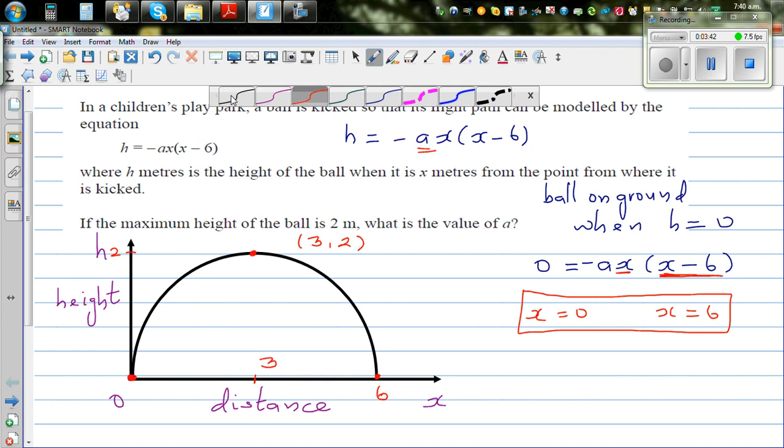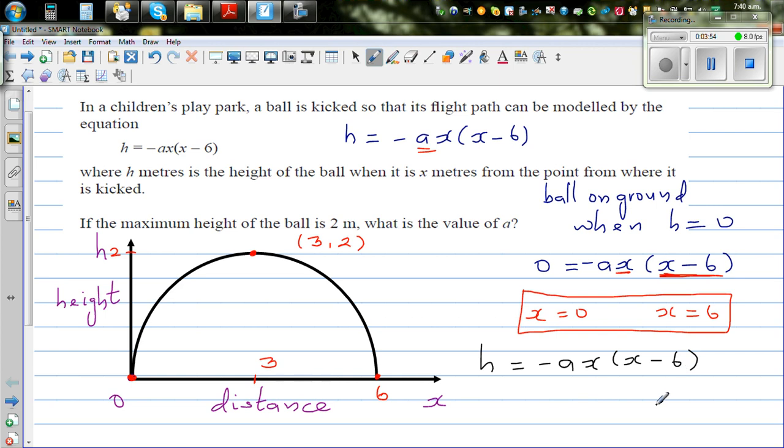So the equation is given to be h = -ax(x - 6). Here, we can put x = 3, h = 2, because this is a point on the parabola. At 3 meters away, the ball reaches the maximum height.